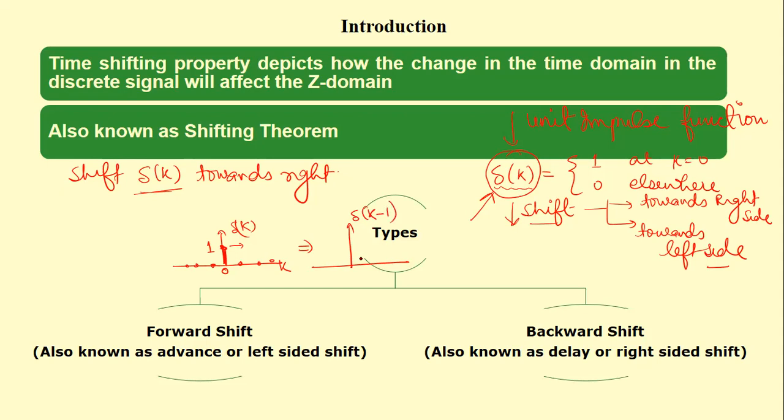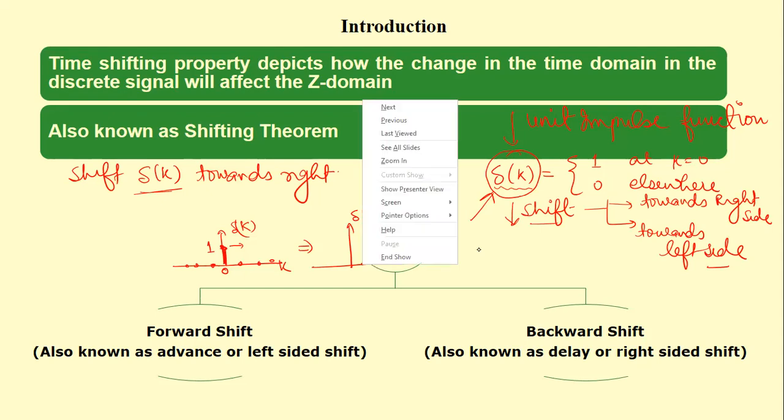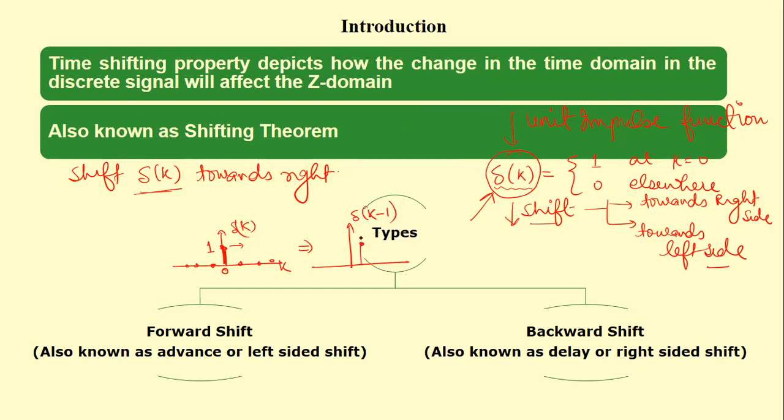In this case, this signal will exist here, at 1, and elsewhere it is 0. Now if we shift the given sequence delta k towards the left, we can represent it graphically. Towards the left means we shift it towards this side, so it will be delta k minus minus 1, that is delta k plus 1.